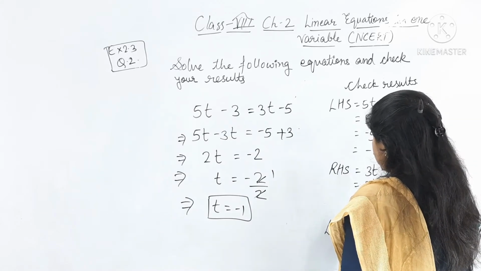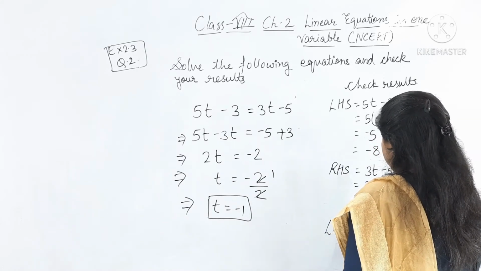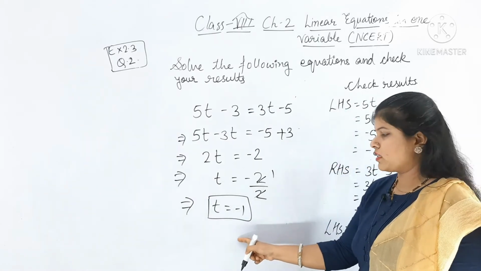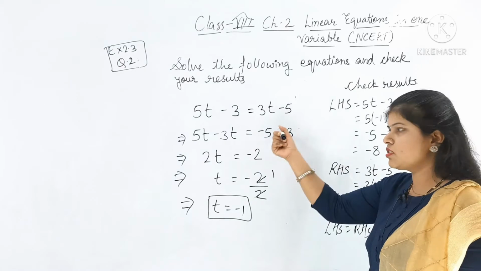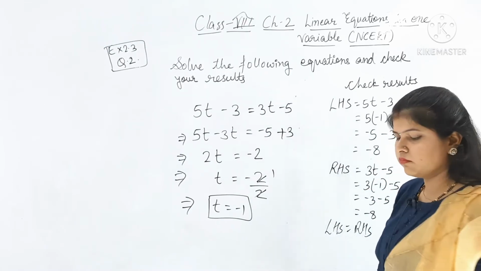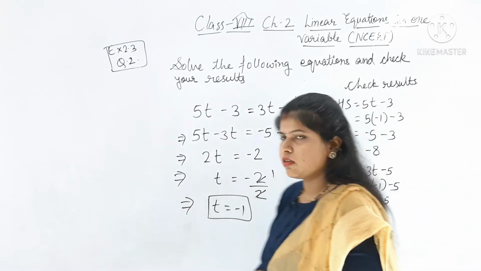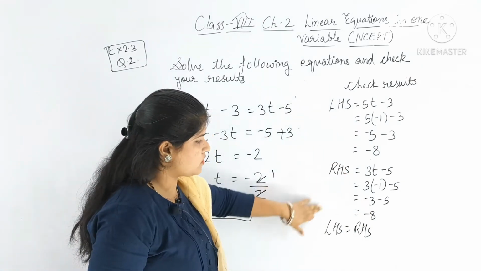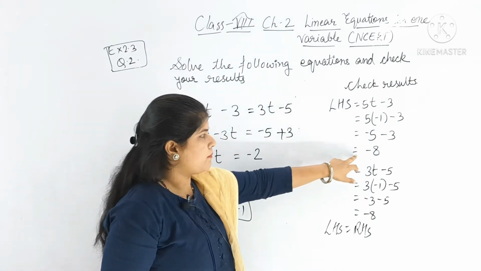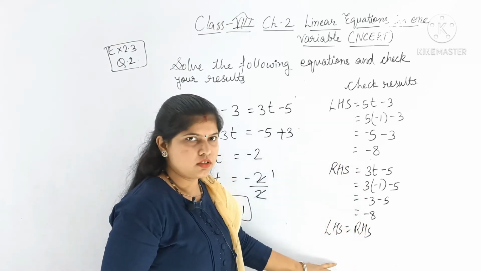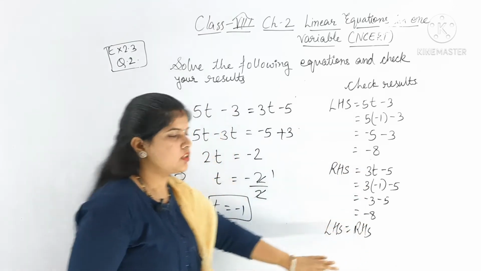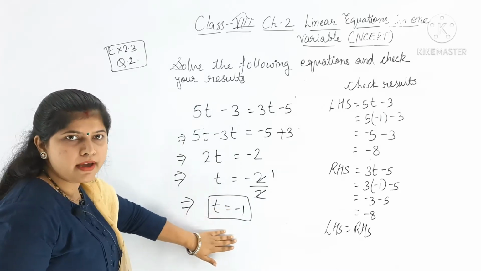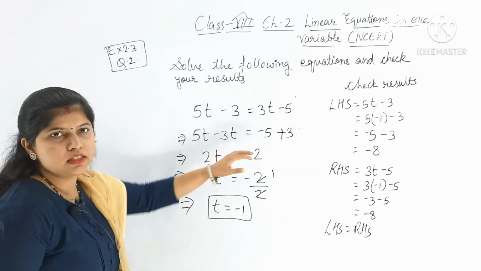So LHS is equal to RHS, which means it is verified that this answer is correct, that is t equal to minus 1 for this equation. Here you can see this is the LHS and this is the RHS we solved, and I am getting minus 8 here. So LHS is equal to RHS, and this value t equal to minus 1 is correct for this equation.